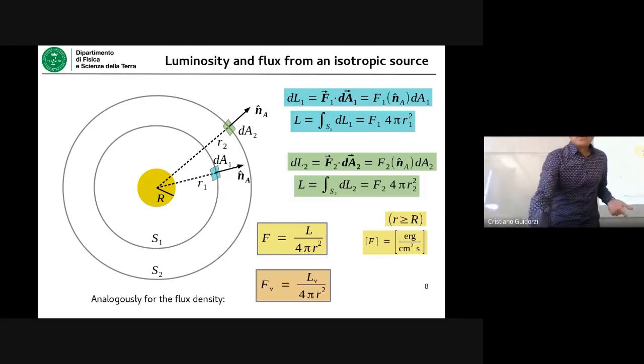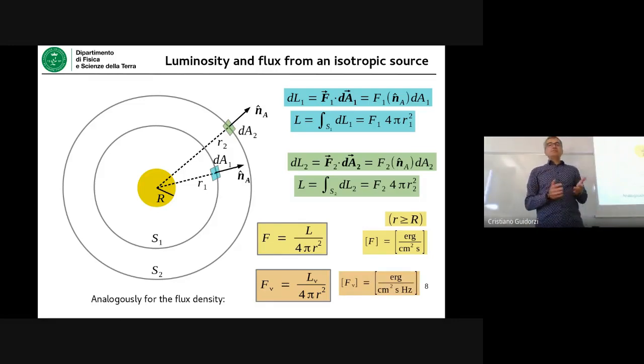So the same result holds also in the case of specific quantities. The specific flux will be the specific luminosity over 4 pi r squared. And of course, the corresponding units of measure of the specific flux will be the same with an extra per unit hertz at the denominator.